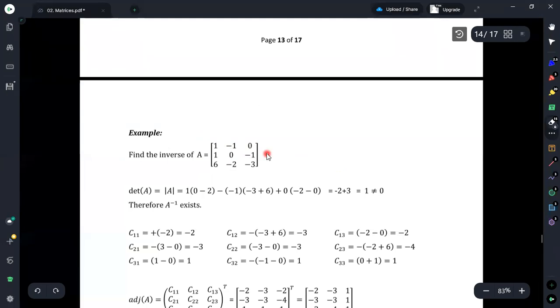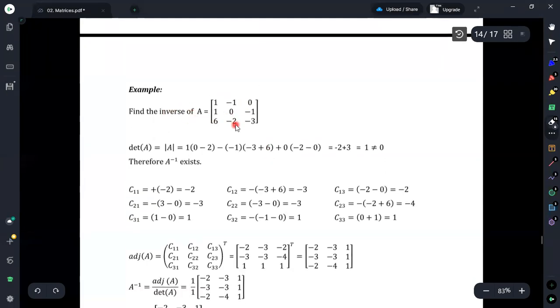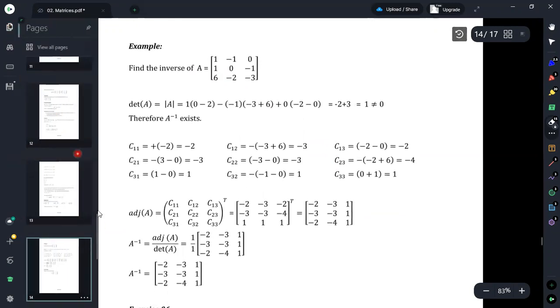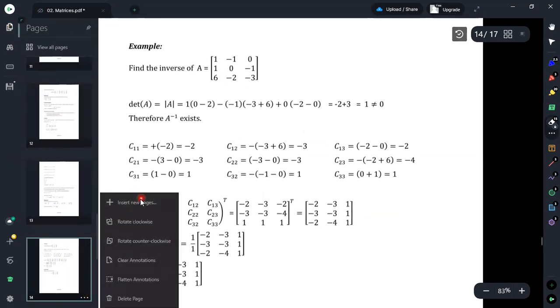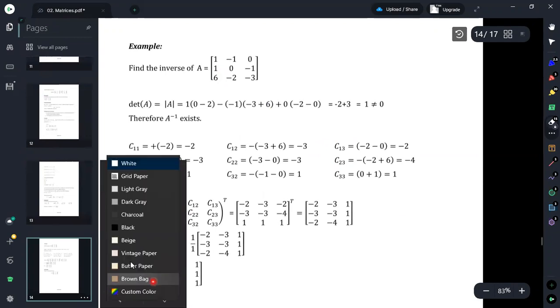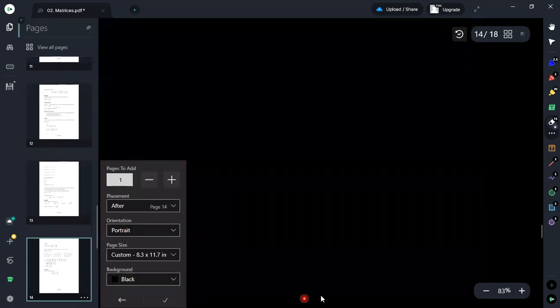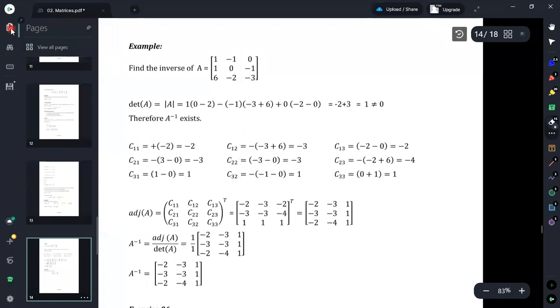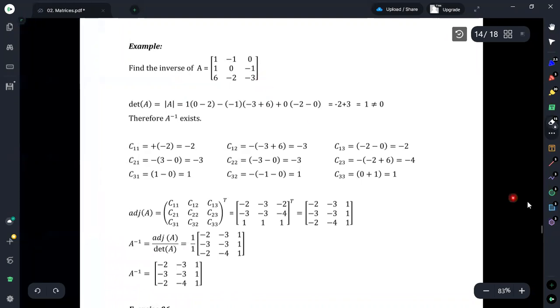When we are going to find the inverse of a matrix, first we need to check whether the inverse exists or not, and thereafter we focus on calculating the inverse of such a matrix.